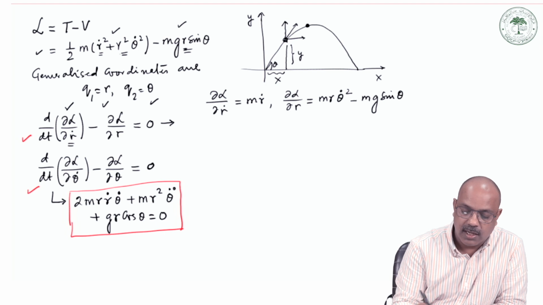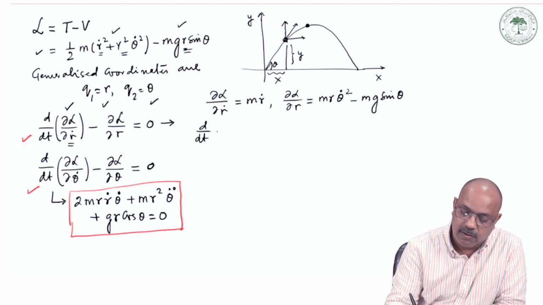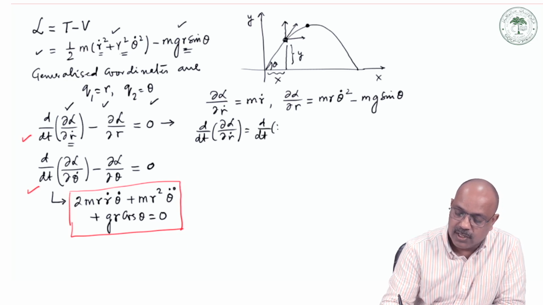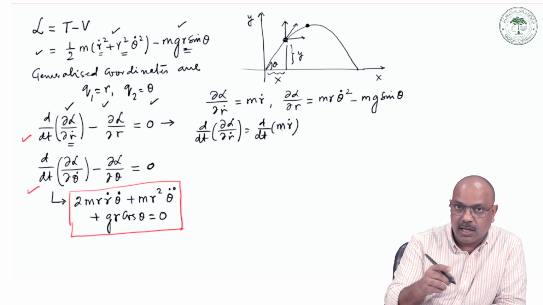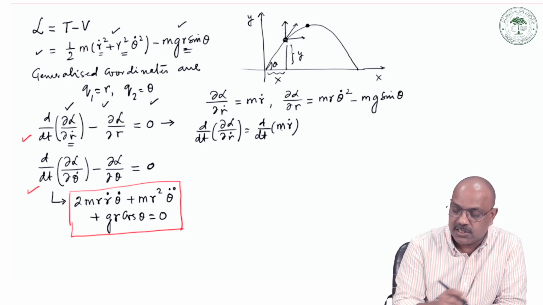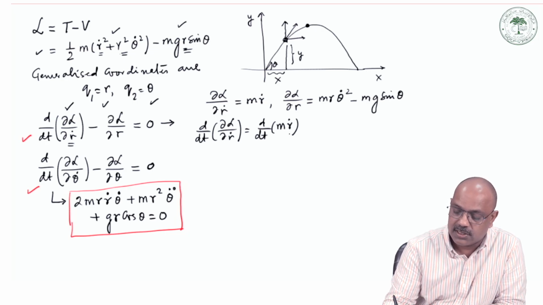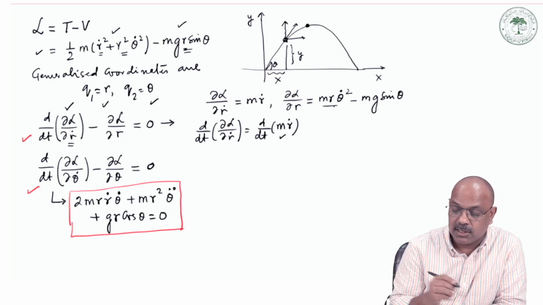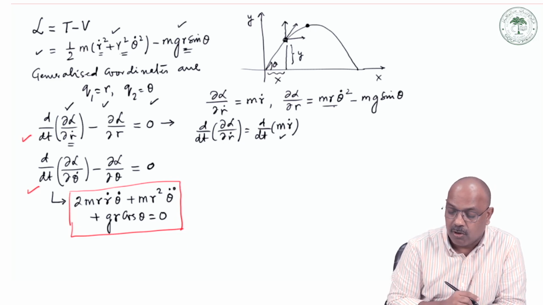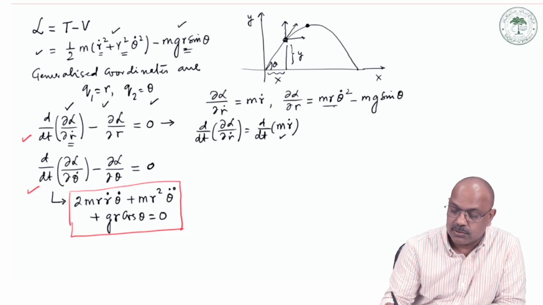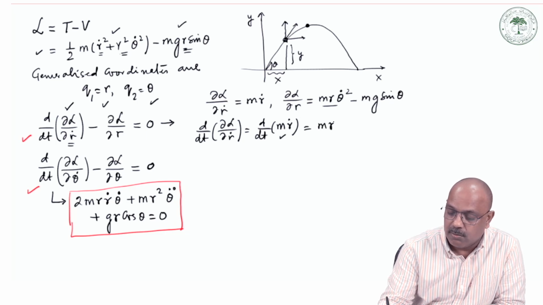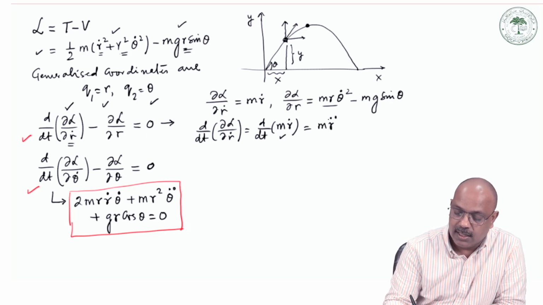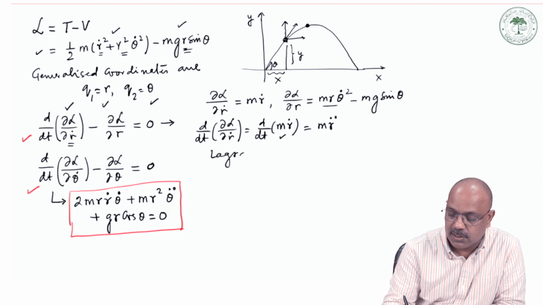Now I have to take d dt of del L by del r dot, which is d dt of m r dot. In the previous lecture I made a mistake, using m r theta double dot in place of this m r dot, so the equation of motion there is wrong, please correct it. This is now going to be m r double dot.